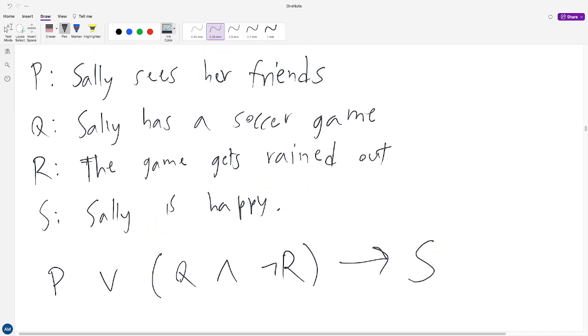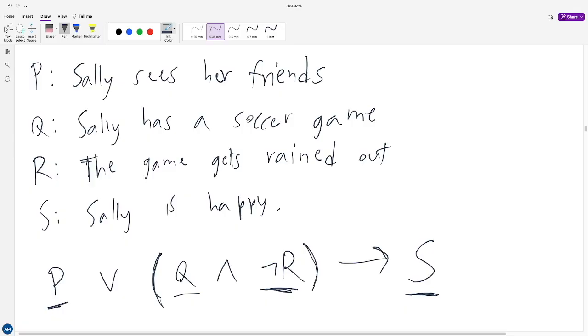I'm saying if Sally sees her friends, or Sally has a soccer game and the game does not get canceled, then Sally is happy. That's this. And as you can see over here, I drew parentheses around the Q and not R.